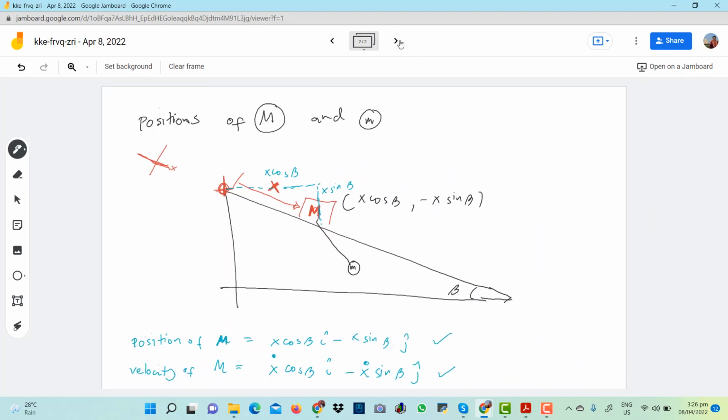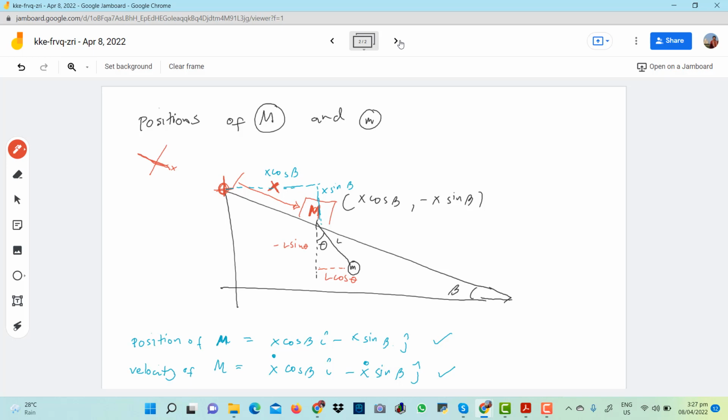As you can see, this is theta and this is L. What will now be the position of your mass m? First I have x cosine beta, and then another position here: L cosine of theta, and minus L sine of theta.